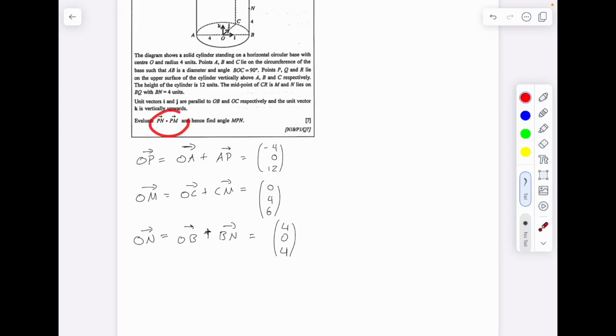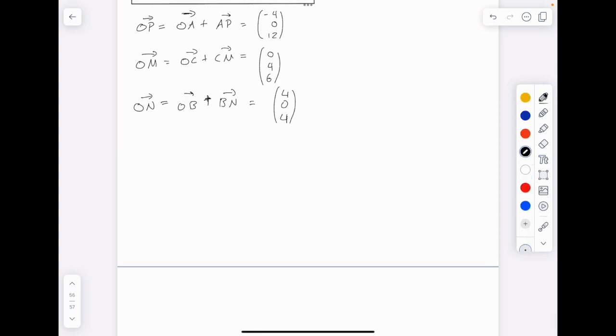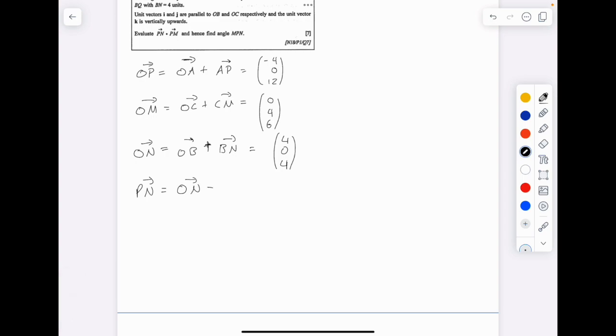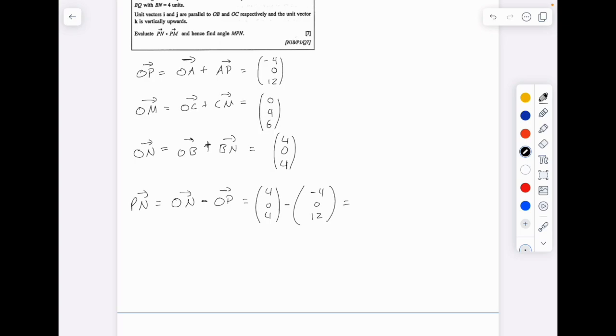Now we can get started with this. So PN is going to equal ON minus OP, which is going to equal (4, 0, 4) minus (-4, 0, 12), which is equal to 4 plus 4, which is 8. 0 minus 0 is also 0.